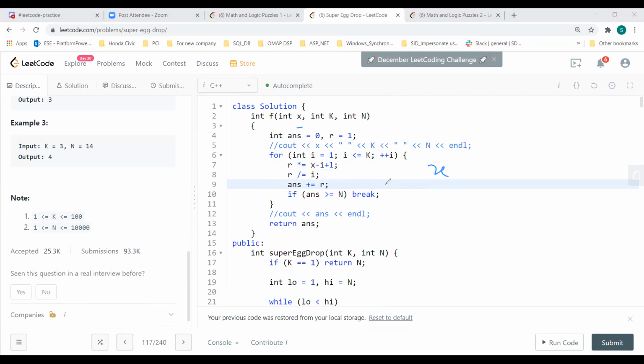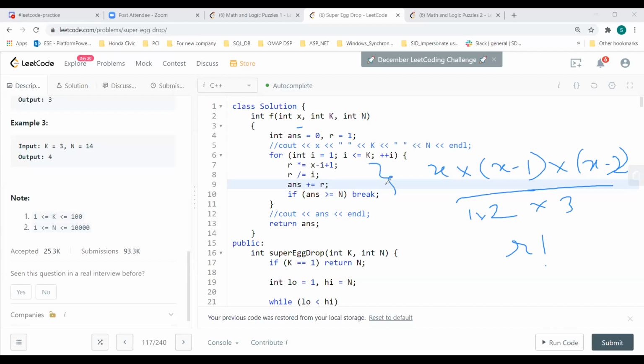So for the first egg, it will be x, but if we have a second egg, it will be x minus 1 divided by 2. And if we had another egg, it would be x minus 2 divided by 3, and so on and so forth. So this is something like a factorial of 1 2 3, maybe r factorial, something combinatorial, right? And this is x into x minus 1, till you keep on reducing. So this is a very smart way of doing it.